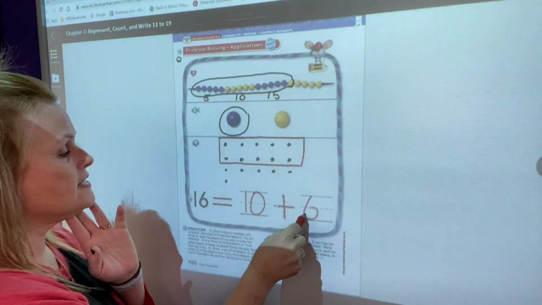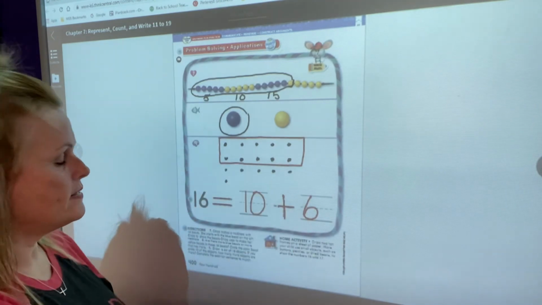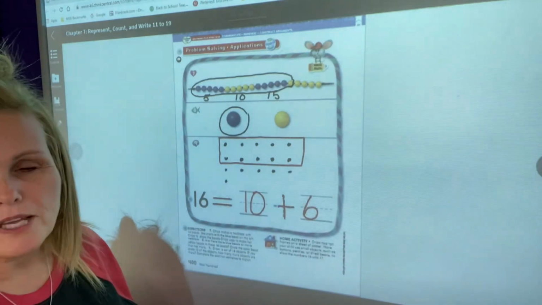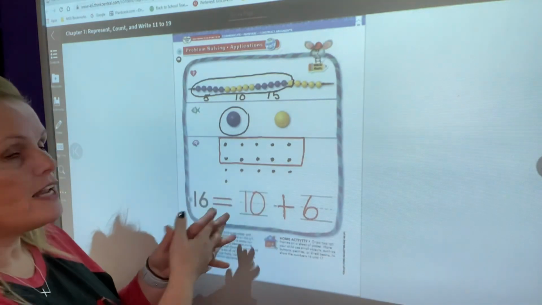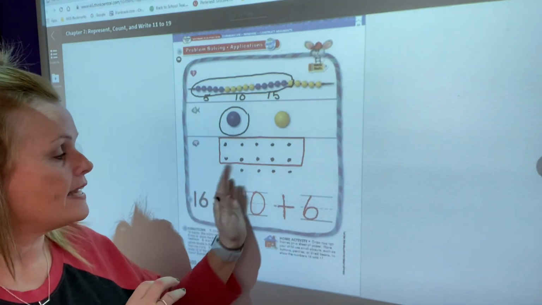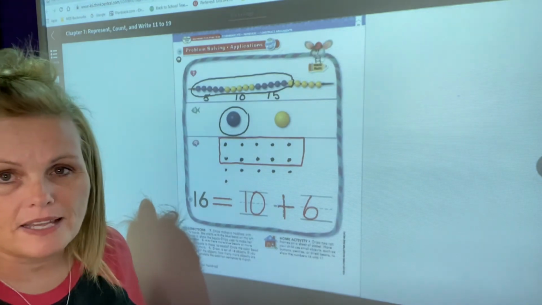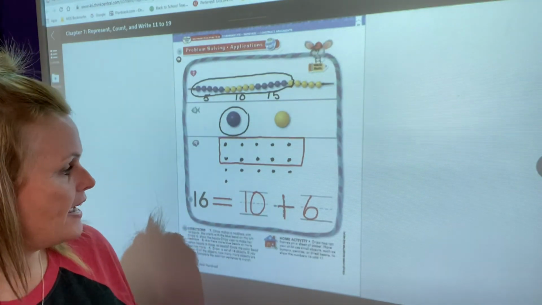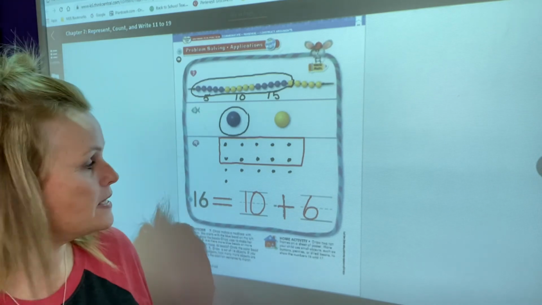So 16 is equal to 10 ones and 6 ones. Now there are other ways we could break it apart, but we're wanting to talk about seeing a set of 10, which will help us count quicker. 10 and 6 to equal 16. Using that 10 helps us keep it together and understand sets a little bit better and decomposing.